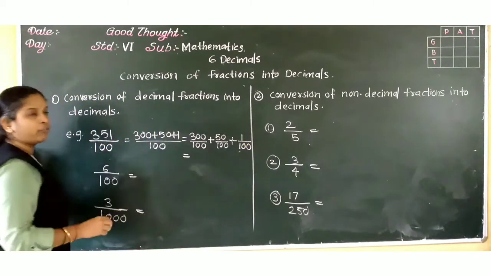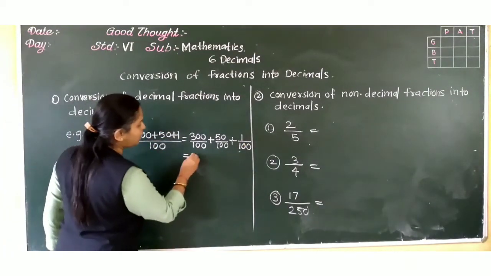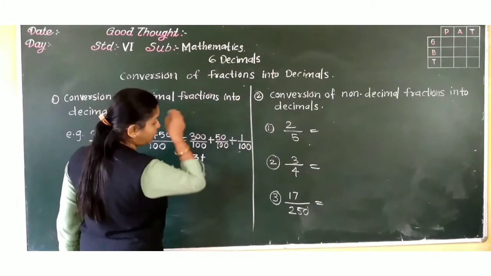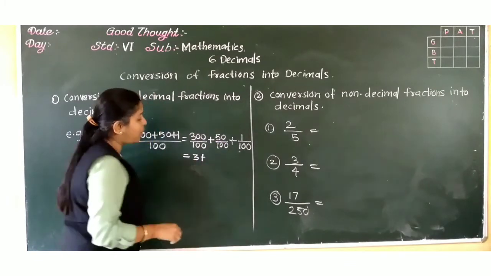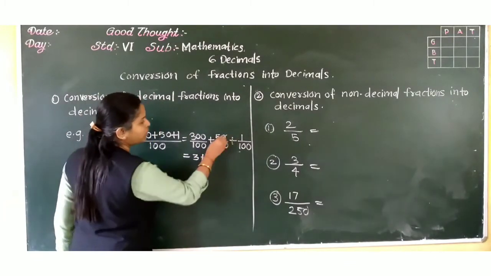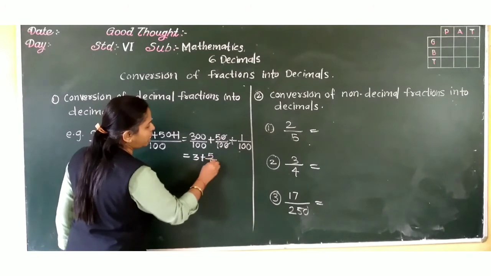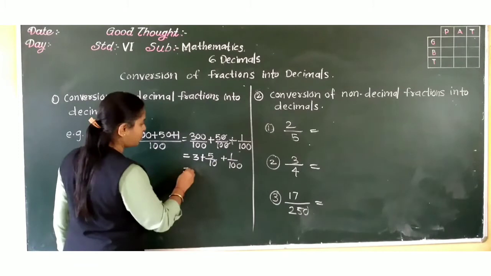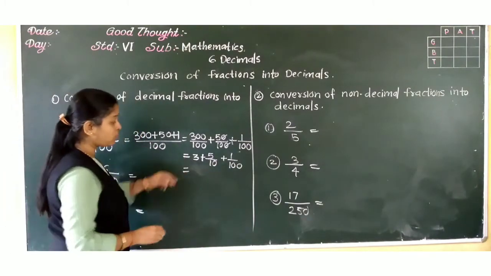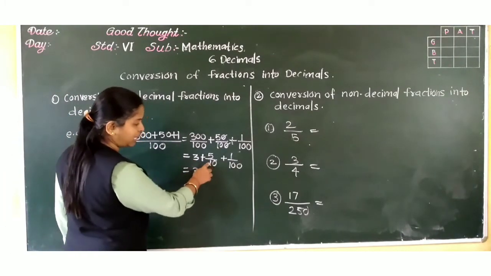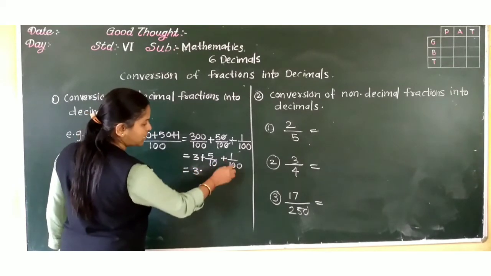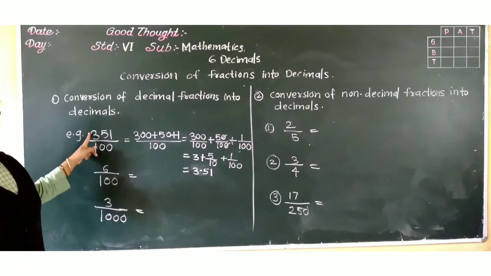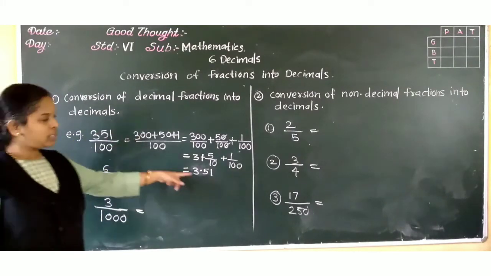Now see, 300 divided by 100 is 3. Plus, 50 upon 100 is 5 upon 10, cancelling a 10. And this 1 upon 100. Now, how to write it? See, the 3 is the whole number, 5 is at the 10th place, which means decimal, and 1 is at the 100th place, that is 3.51.